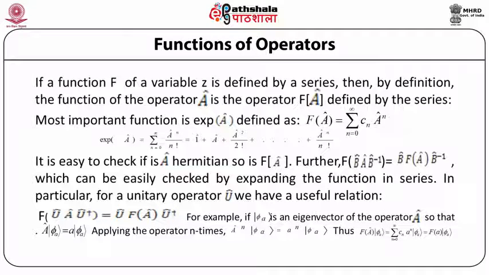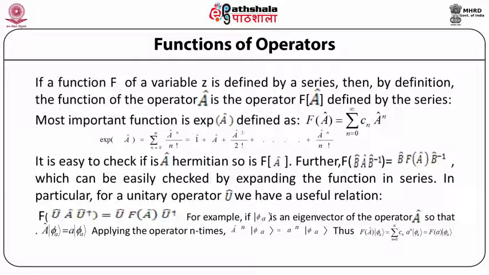So if we have an eigenvector given by the ket vector phi a of the operator A, such that we can write operator A acting on ket vector phi a is equal to a times ket vector phi a, where a is the eigenvalue, then applying the operator n times, that is operator A to the power n acting on ket vector phi a, is equal to a to the power n times ket vector phi a.